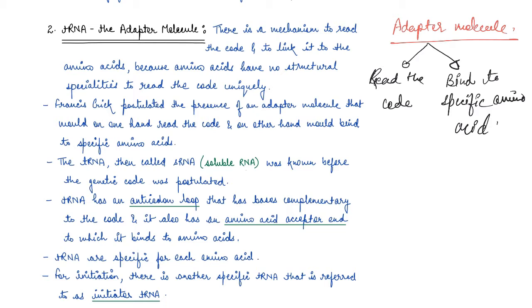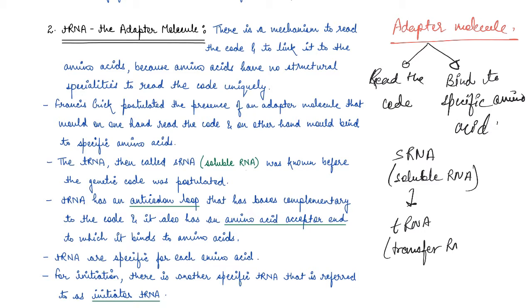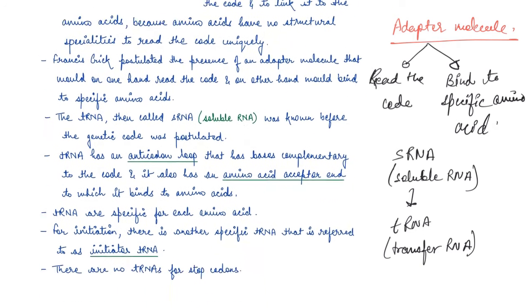At that time, it was given the name of sRNA, which is soluble RNA, right? Afterwards these are known as tRNA, which is transfer RNA. So that is how transfer RNA was assigned the role of an adapter molecule.